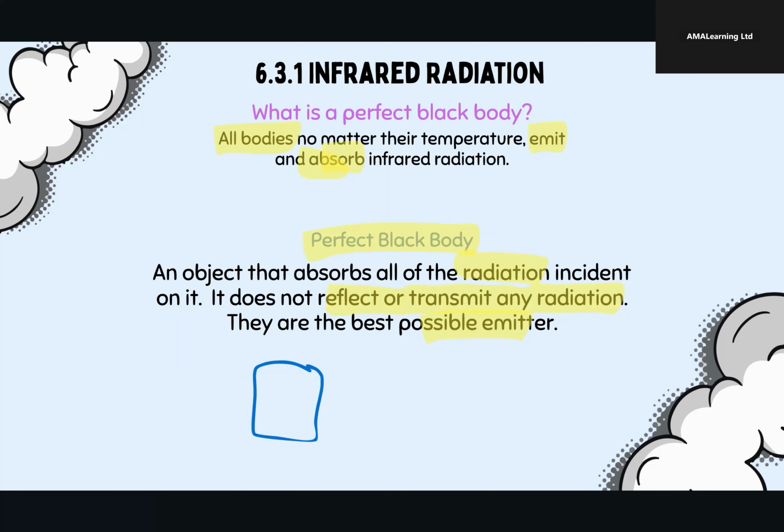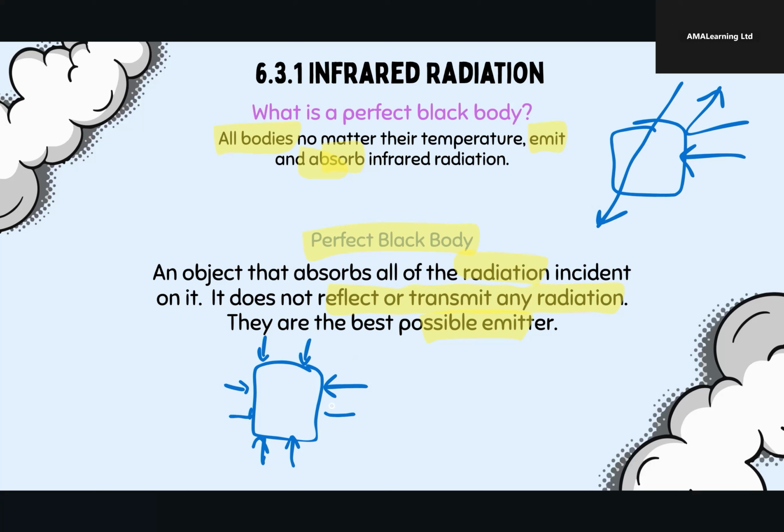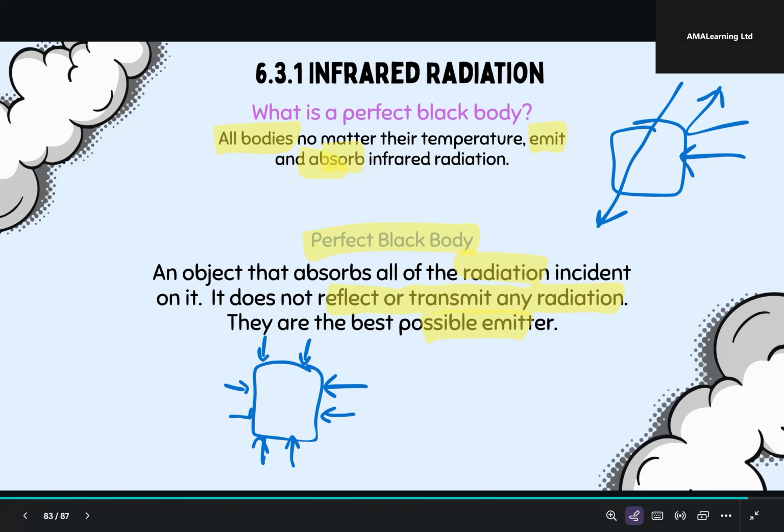Generally speaking, if you have any object, some energy will just be absorbed, some will bounce off, and sometimes things can transmit the energy as well. In this case, all the energy is absorbed. And once all of it's been absorbed, as in it absorbs absolutely everything, it means eventually it also will be a perfect emitter, so it emits everything as well.